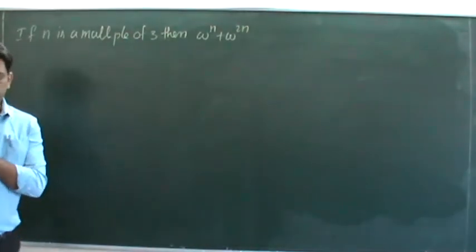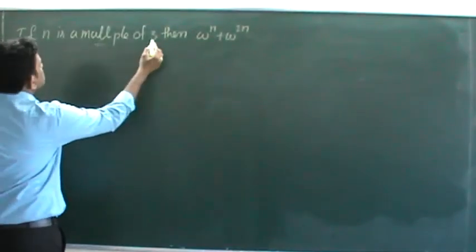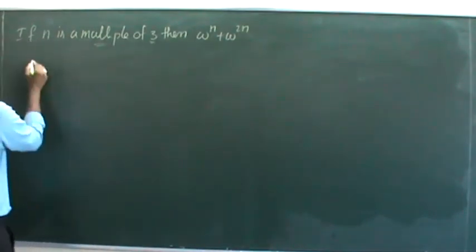He is telling that n is a multiple of 3. Multiple of 3 means the 3 table. 3 ones are 3, 3 twos are 6, like this. Just to take only one.